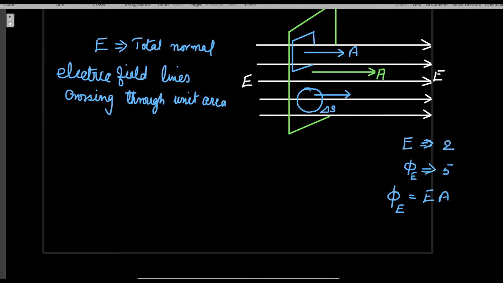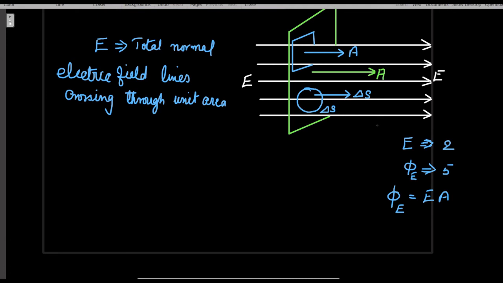The surface is delta S. Since we take the surface delta S, I just represent the area vector as delta S here. It can be delta S, it can be anything.